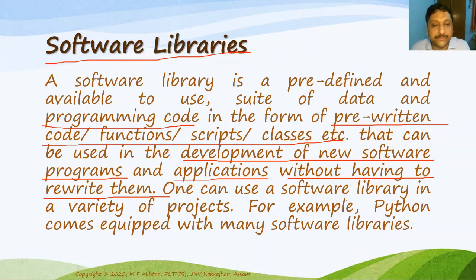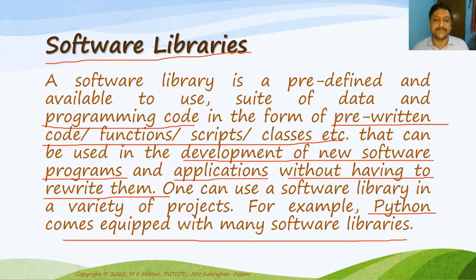One can use a software library in a variety of projects. For example, Python comes equipped with many software libraries. For some purposes, some functions, there is no need to write our own program. Just call the library, use the library code and make our new software.